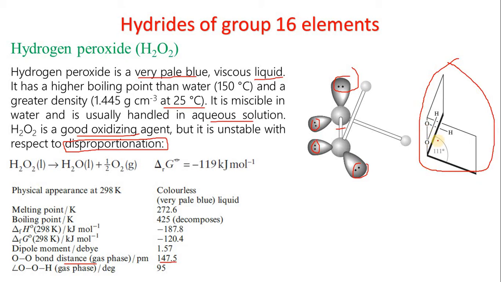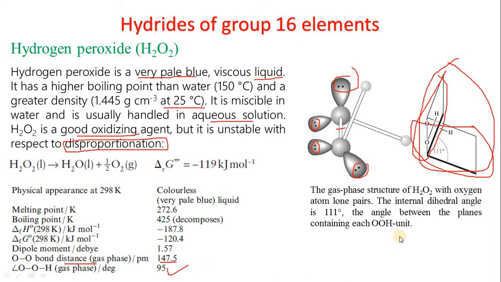The dihedral angle is 111 degrees. So this is one plane and this is another plane. The dihedral angle between these two planes is 111 degrees, and the OOH angle in the gas phase is 95 degrees. So this is the gas phase structure of hydrogen peroxide, with oxygen atoms having lone pairs and the internal dihedral angle 111 degrees.